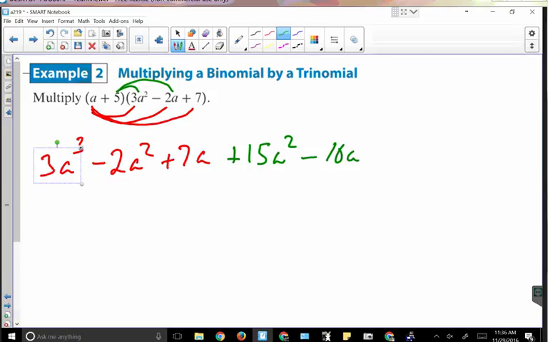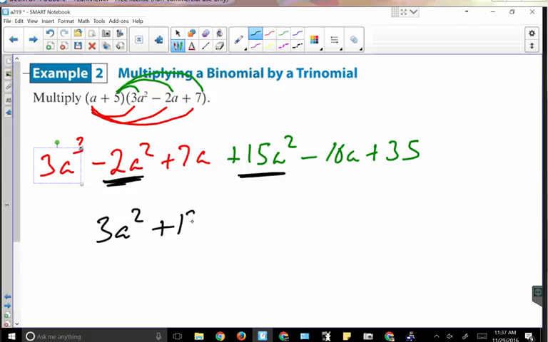So, the last one, it's going to be this multiplied by 7. So, I'm going to end up with plus 35. Now, again, I am going to have to go through and add like terms. Now, when I look at this, I got 3a cubed. There's only one of those, so it's just going to be 3a cubed. I have an a squared here and an a squared over here, so that's going to be plus 13a squared.